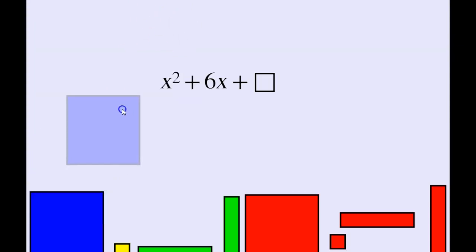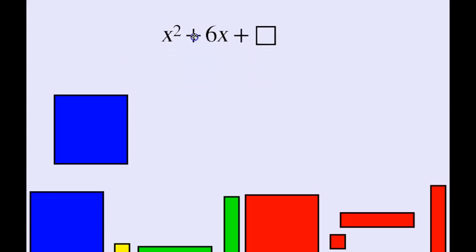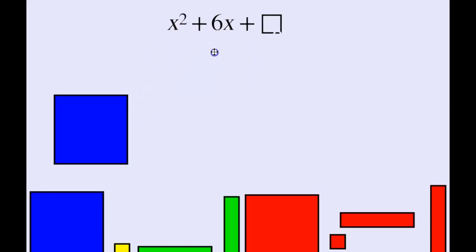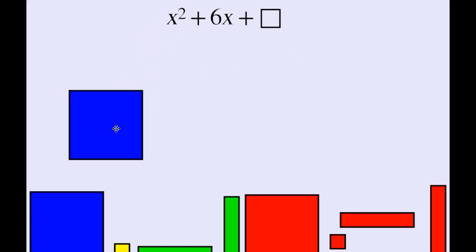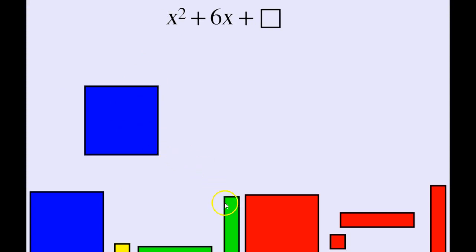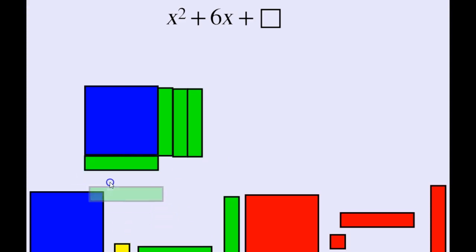We'll do this with algebra tiles first. We have x squared plus 6x. Well, if this has to make a square, let's just drag out my 6x's. If this has to make a square, then 3 of them have to go here, and 3 of them have to go here.